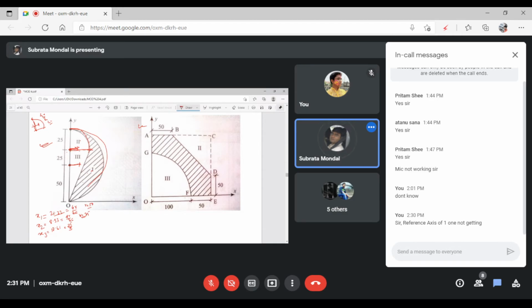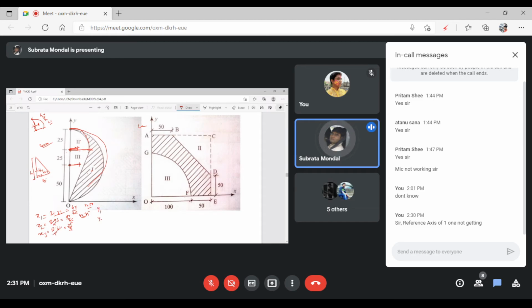If it is a triangle like this, the centroid will be at h by 3 from the base, and if it is b, then b by 3. So 25 by 3, and 4 by 3 pi, which means x2 and x3 both are wrong.